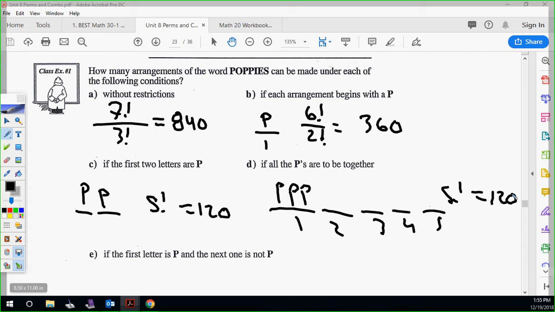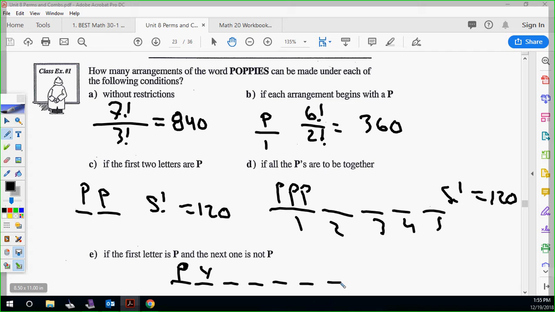Okay, and the last one before we get to the next page. If the first letter is P and the next one is not a P, what are the not P options? 4. So this is a 4 here. And so if the first letter is P and the next one's not a P, what does that look like to you in terms of what you would multiply to do this?